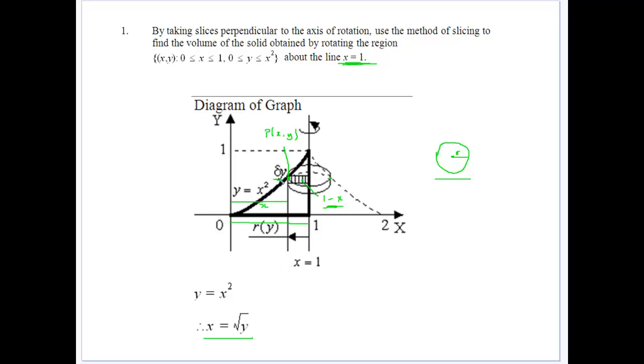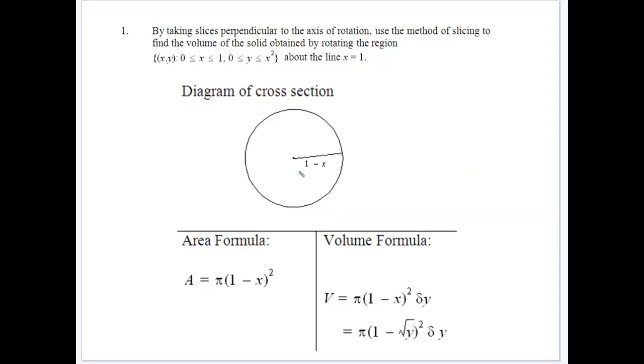Because we're going to be integrating with respect to y, we want our function in terms of y. So x starts to be written in terms of y as well. And we can see why we do that, because if our cross section has radius 1 minus x, our area becomes pi times 1 minus x, all squared, times the height, and our height is delta y.